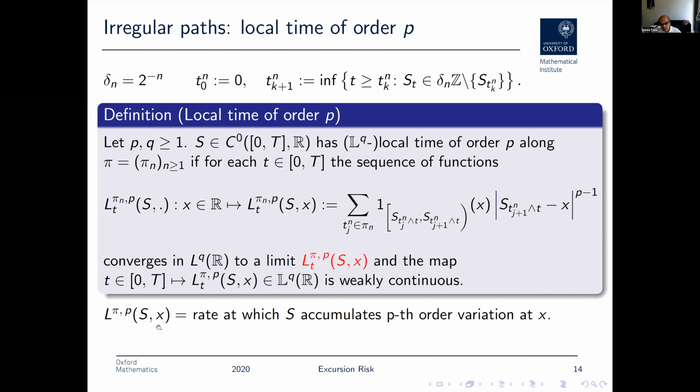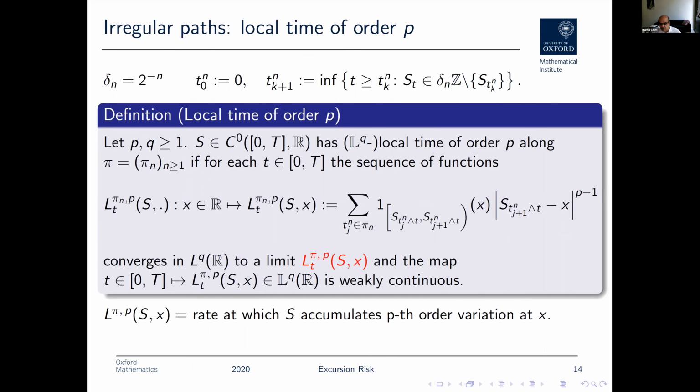Okay, so the interpretation that I will try to justify is that this limit L^{π,p} is the rate at which the path S accumulates pth order variation at x, when it's close to x, close meaning inside some interval defined by the partition around x. So this looks very strange.